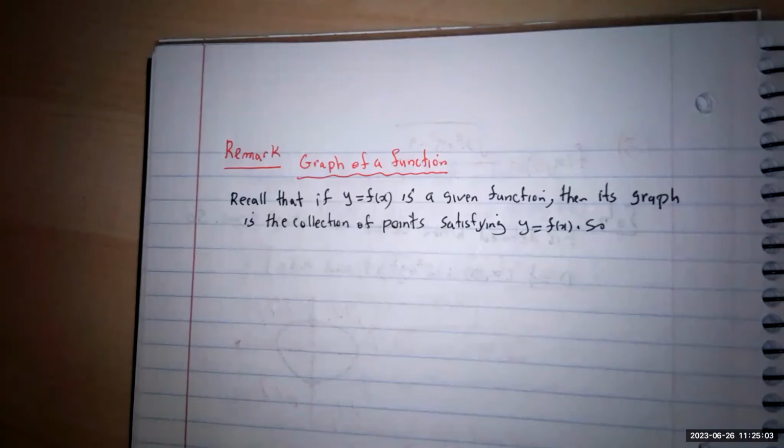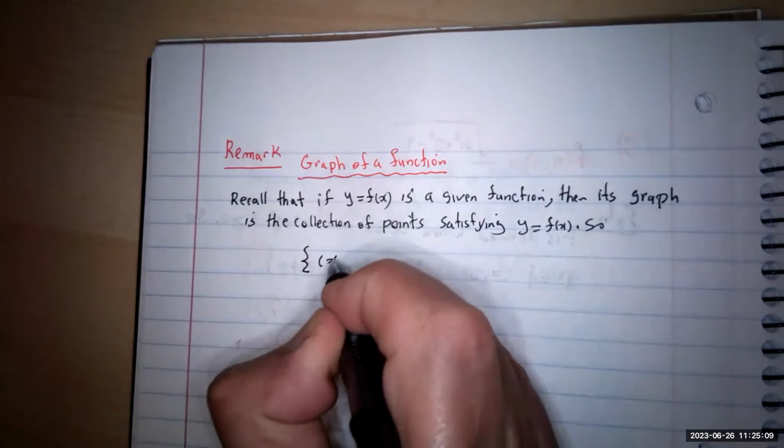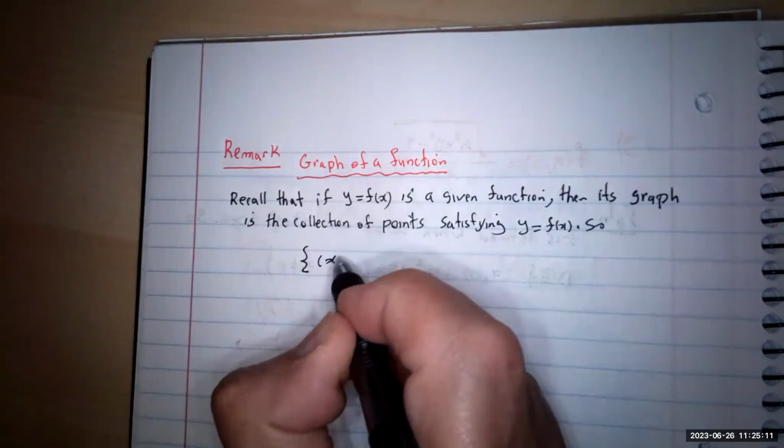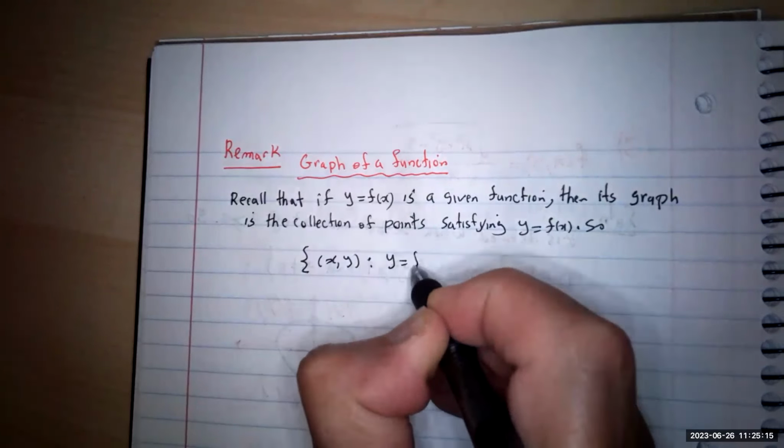So the graph of the function is simply a collection of points x and y such that y is equal to f of x.